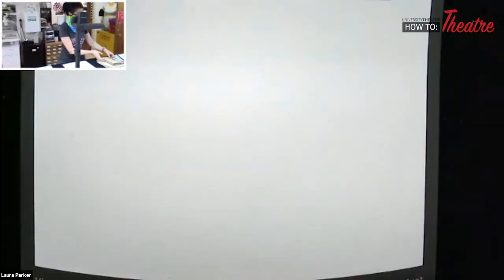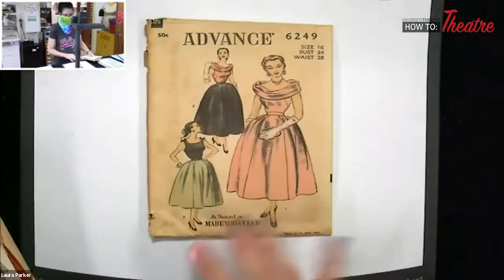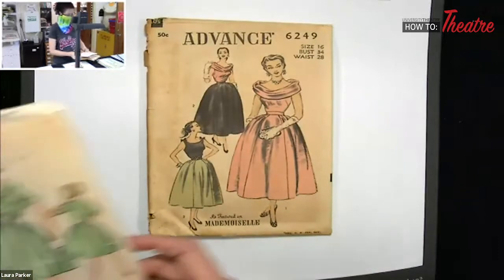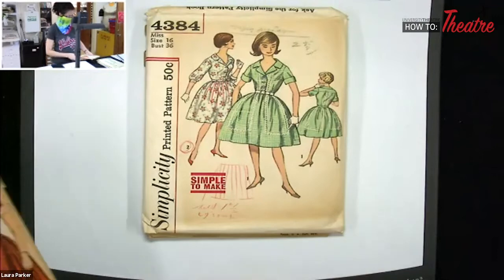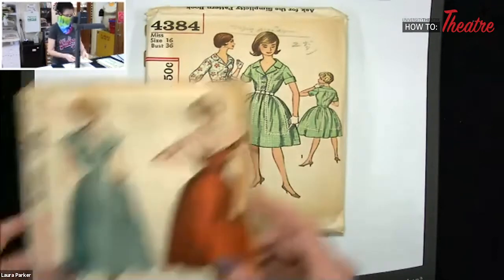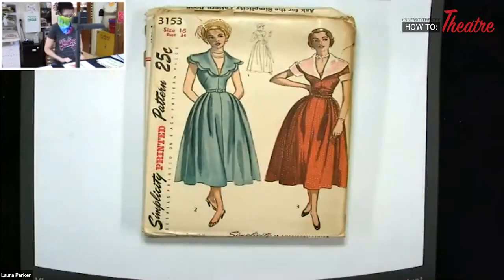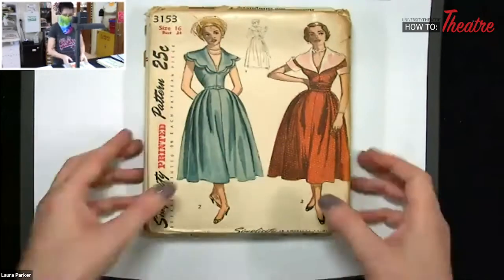And I'm just going to flip through some period patterns here real quick. As we start to get into the 1950s, we're seeing patterns that look remarkably like what you would go to the store today to purchase. And we're seeing a lot of the brands that we still use here today, that little scalloped edges, adorbs.